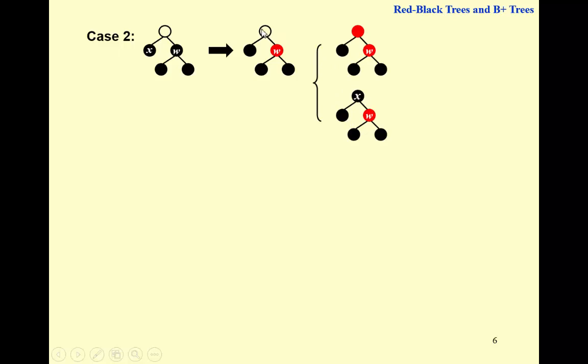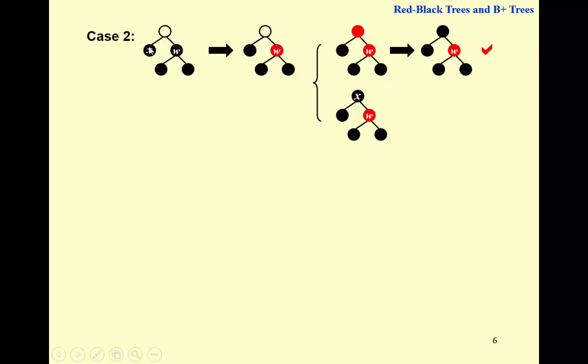Case 1 is if the parent is red. If the parent is red, simple, we just color it to be black. It's like swapping the colors of these 2 nodes. And the problem is solved. Why? So let's check. Before we have 2 black nodes along these 2 paths, and after there are still 2 black nodes.